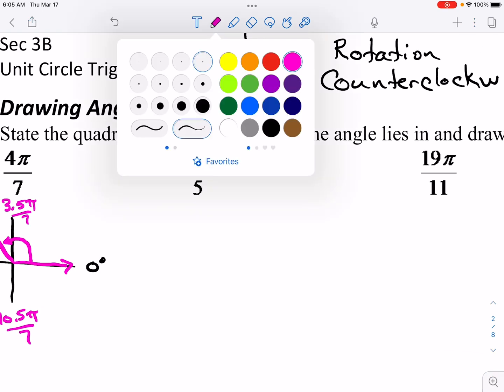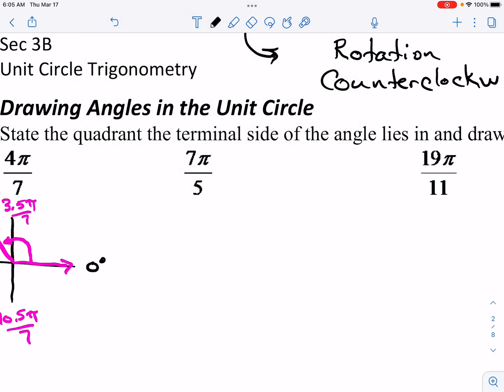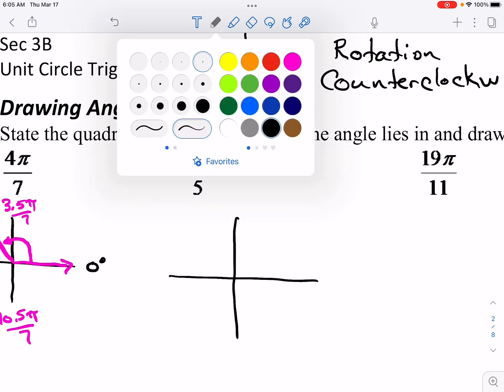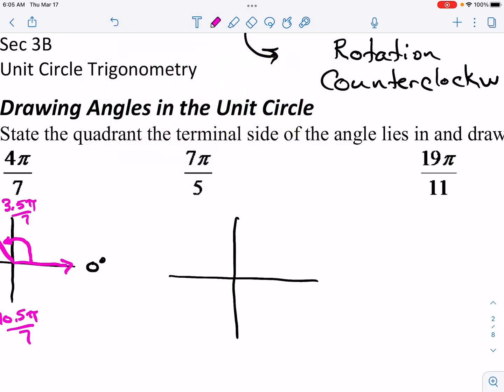All right, let's do the same thing for 7 pi fifths. Halfway around would be 5 pi fifths. Quarter way around would be 2.5 pi fifths. 3/4 of the way around would be 7.5 pi fifths. And we always start at 0 degrees, or 0 radians.